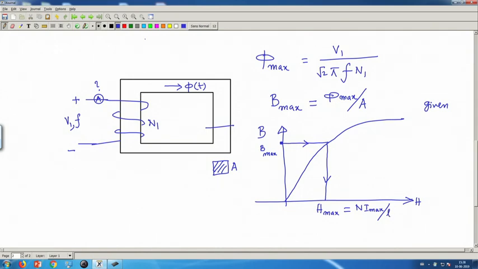L is the mean length of the flux path, which I have shown in the previous figure. From this I will say that I max is equal to L into H max by N. I am sorry, N1 it is.